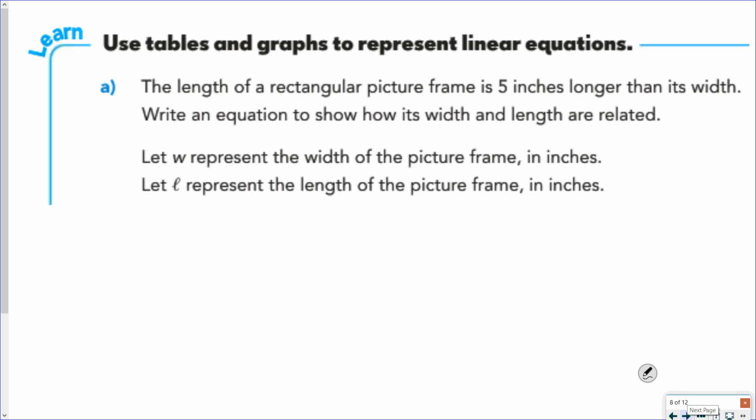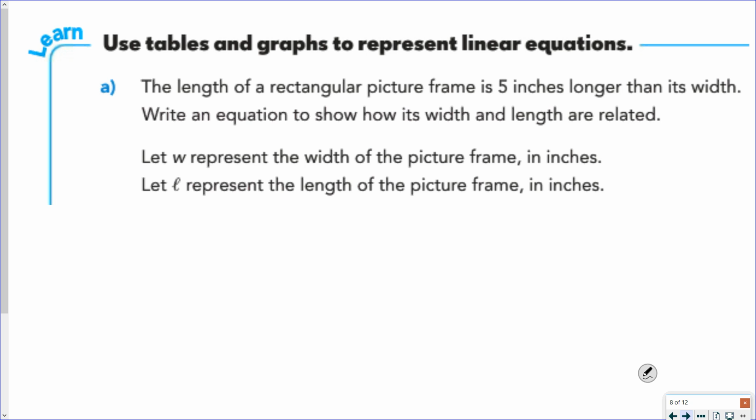Now our problem here does not have the statement one variable in terms of the other. So if it doesn't have that statement, you have to determine which one's your independent and which one is your dependent variable. Your independent variable would be the information that you have to know first. It's going to tell you what everything is based on.